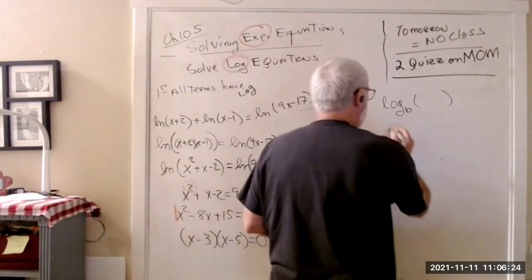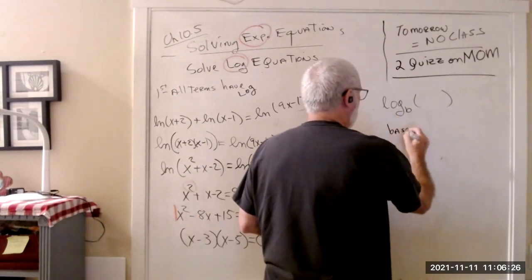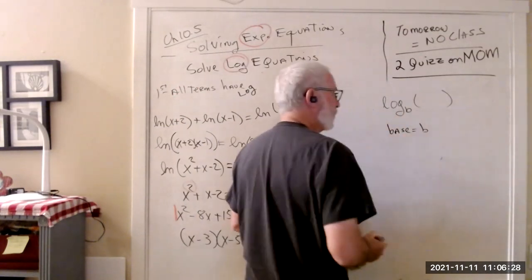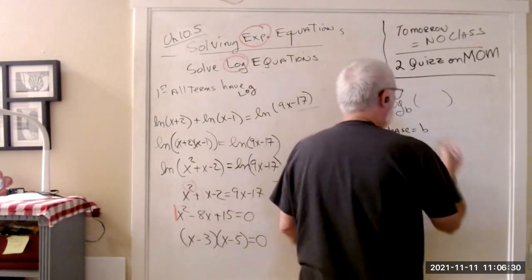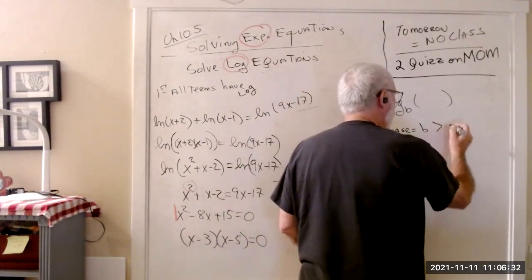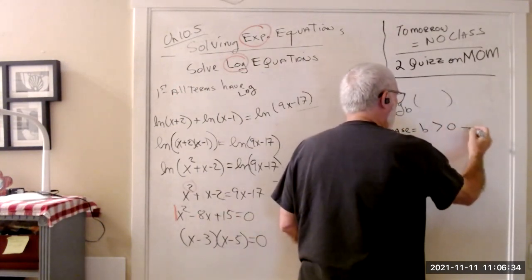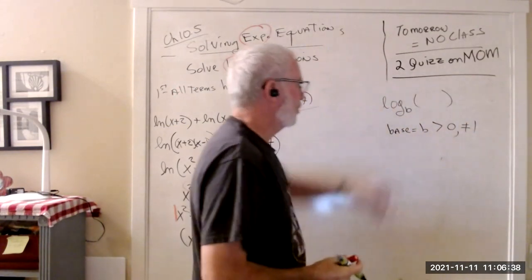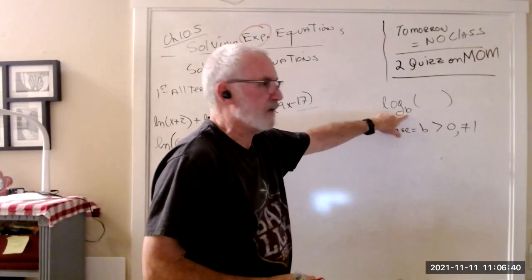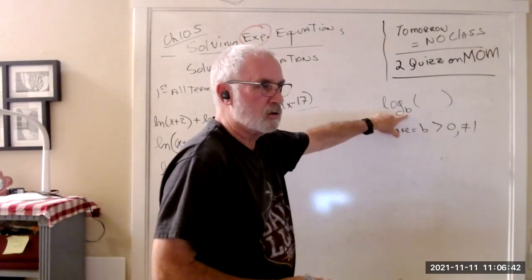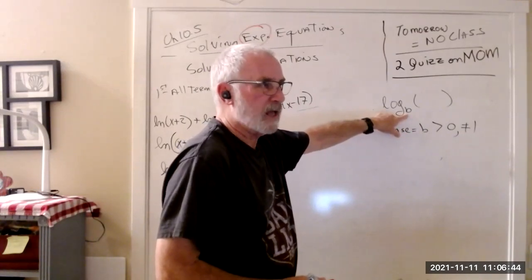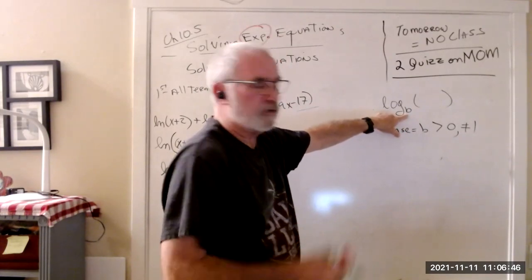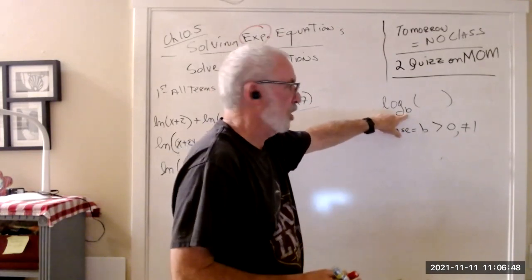First off, your base, which is your b value, has to be greater than 0 and not equal to 1. So you can't have a negative base at all, and it can't be a 1 base. That's just a restriction on logarithms.